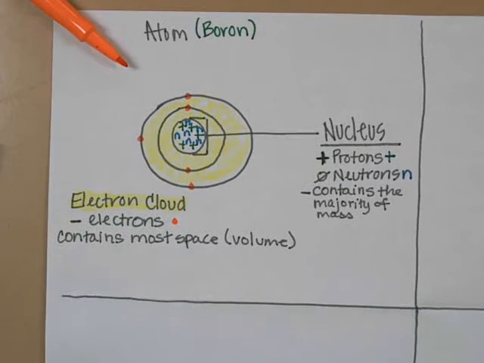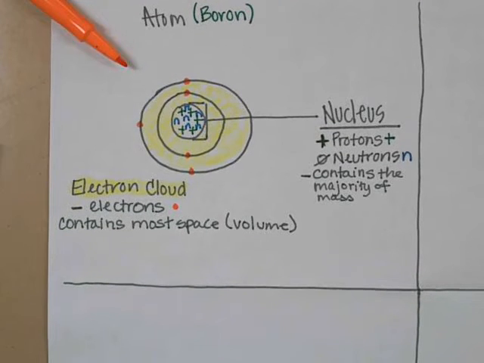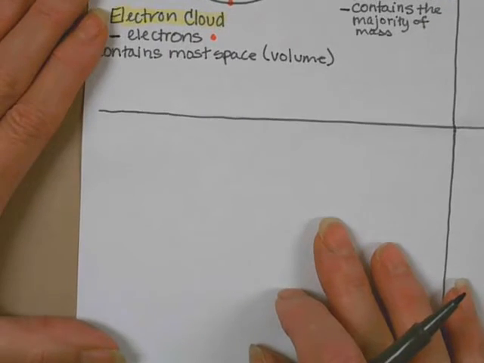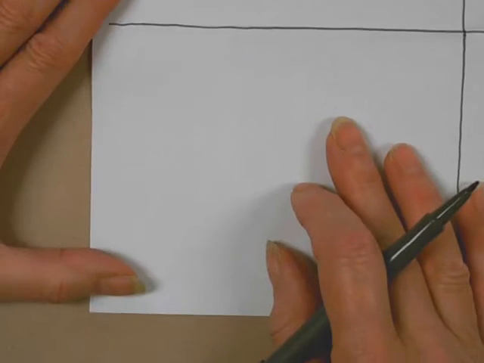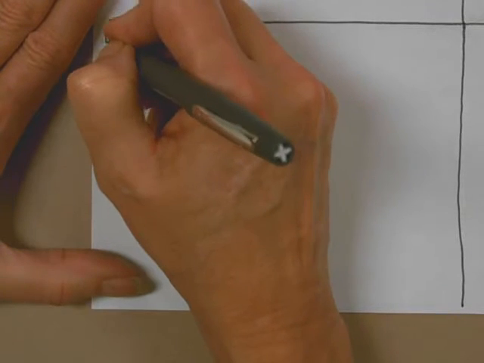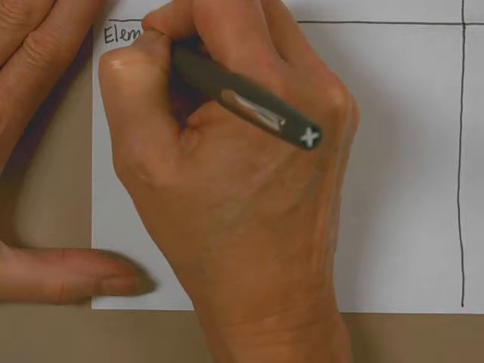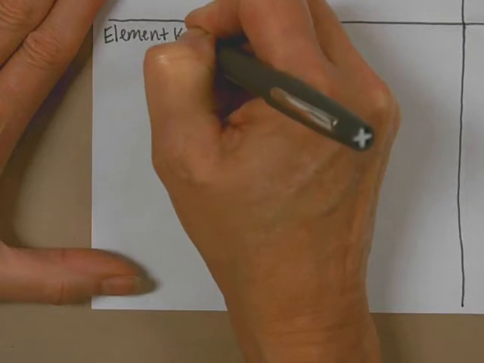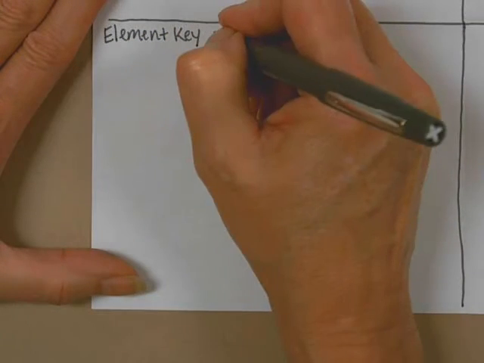All right. So we're going to use this same example, and we are going to say, well, how did we get that information? So in our next box, let's go ahead and draw an element key for boron. So we had to read the element key, remember?